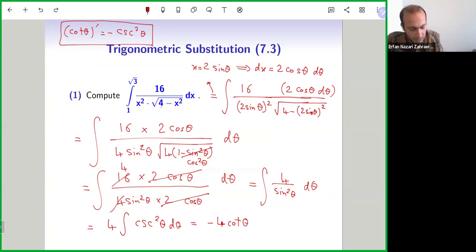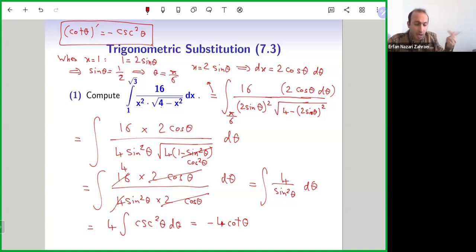When x is 1, you have 1 equals 2 sine theta, hence sine theta is 1 over 2. And then you can answer what angle has sine 1 over 2. If you recall, that's 30 degrees, in radians it's pi over 6. So instead of the value theta, I have pi over 6 because sine of pi over 6 is 1 over 2.